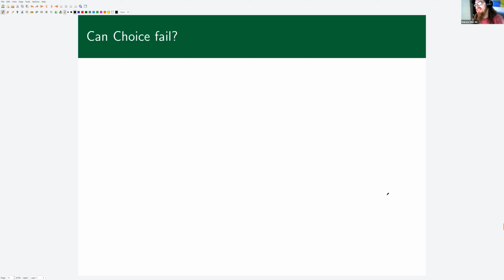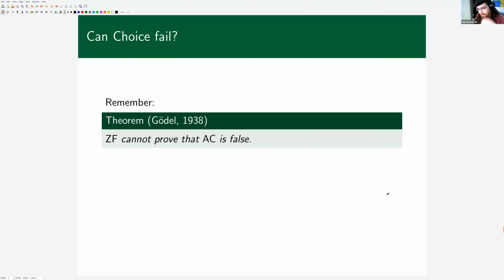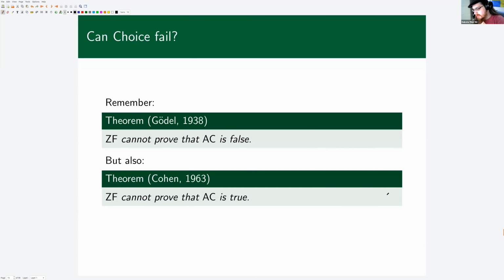So can choice fail? Can we stop this nonsense from happening with non-measurable sets and stuff? Remember this theorem from a few slides ago of Gödel that ZF can't prove that choice is false. It turns out that the opposite is also true, that ZF can't prove that choice is true.